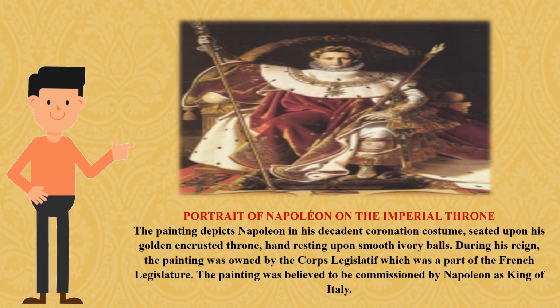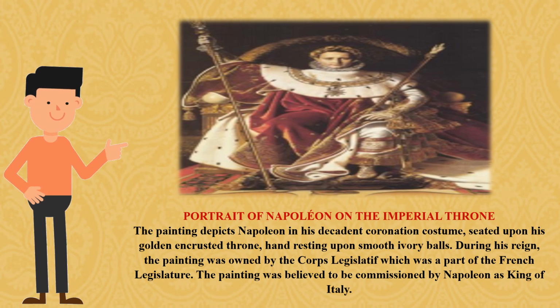So throne, we are referring to the chair or the seat of the king or the emperor, and hand resting upon smooth ivory walls. During his reign, the painting was owned by the Corps of Legislative, which was a part of the French legislature.